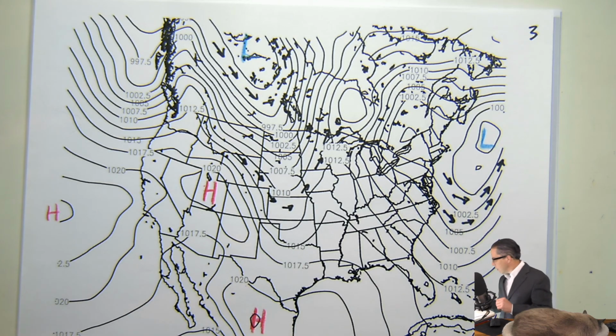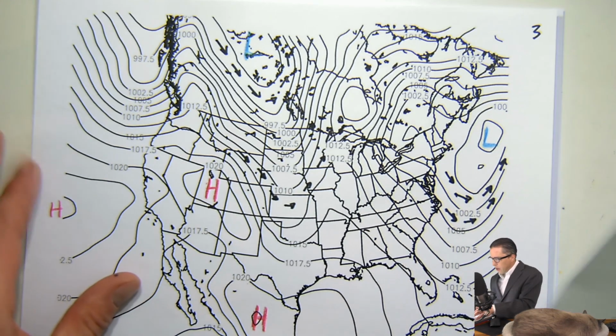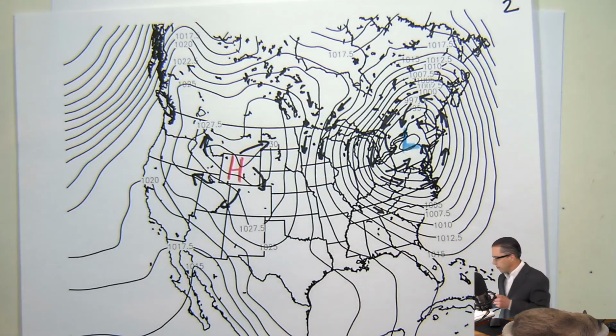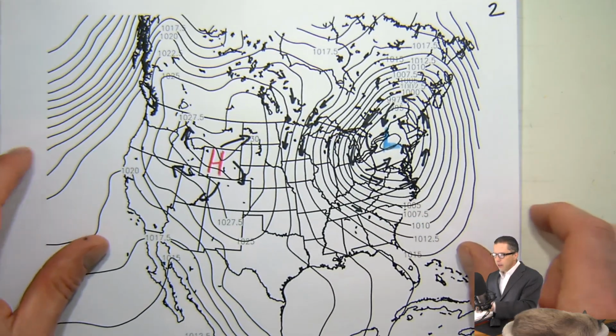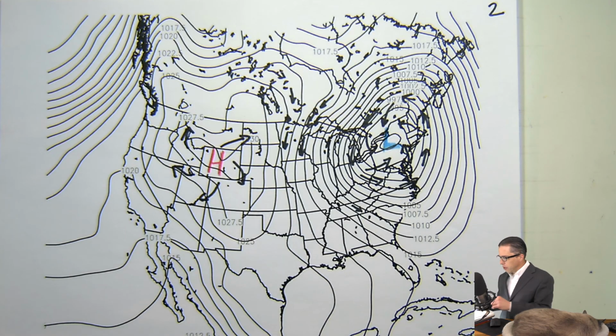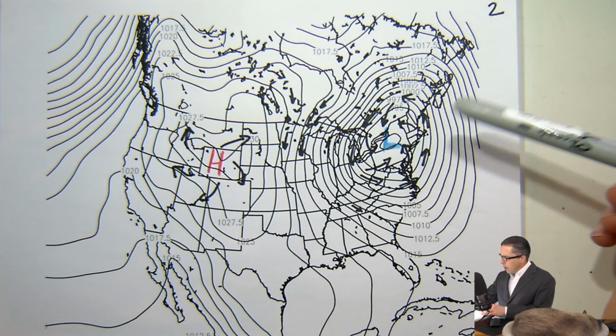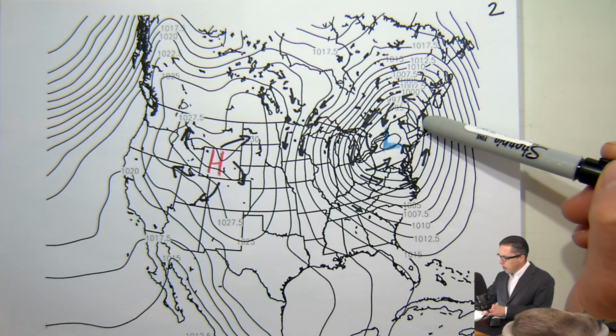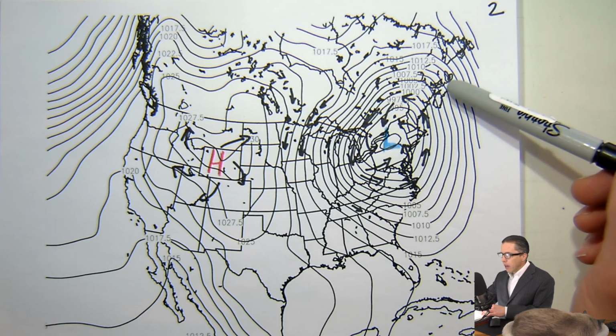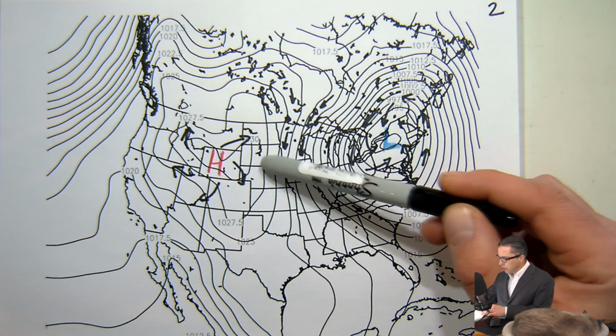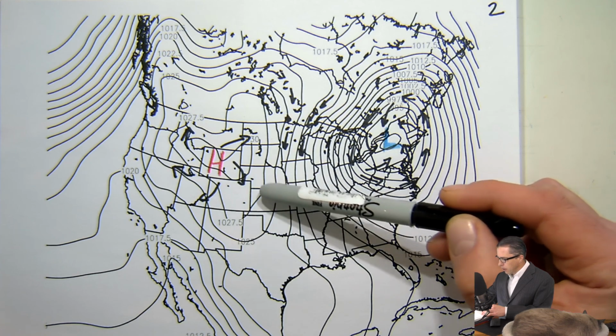Now, I'm going to pull up number 2 again. I want to point out something that we alluded to a little bit but didn't talk about. Notice the spacing between these contours is very tight, and the spacing between these contours is very open, right?